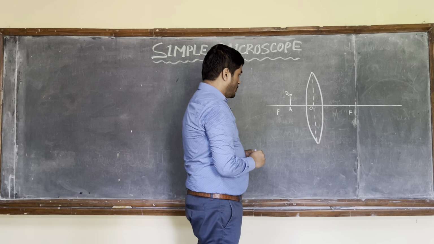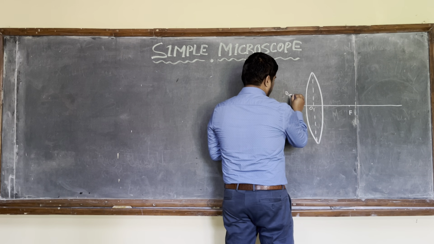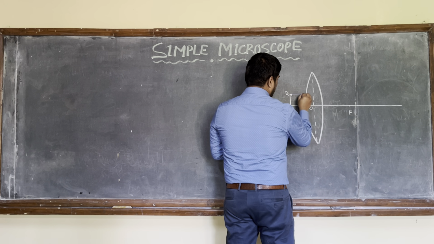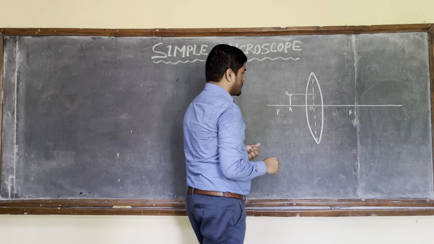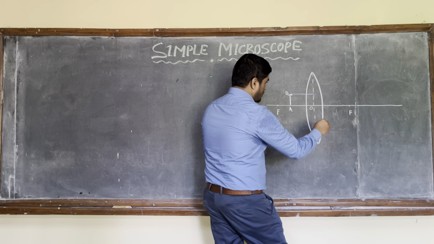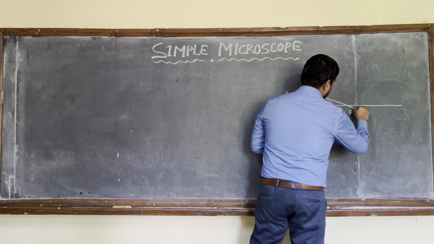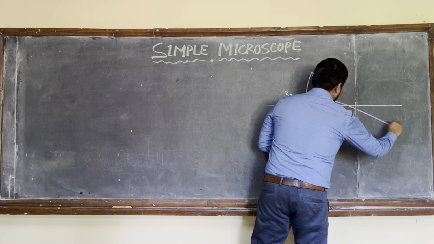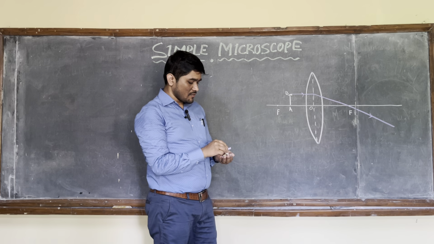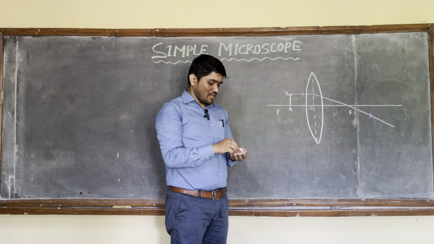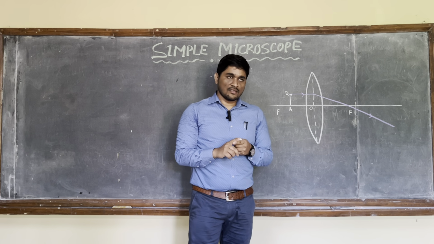So by using the rule, let one ray that is parallel to the principal axis, after refraction it will pass through the focus, and let this is the ray, and to find the image two rays should be intersect.